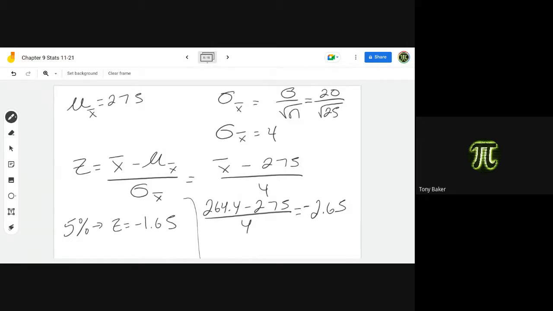So if we go over to the negative side, negative 2.65 gives 0.0040. Okay?